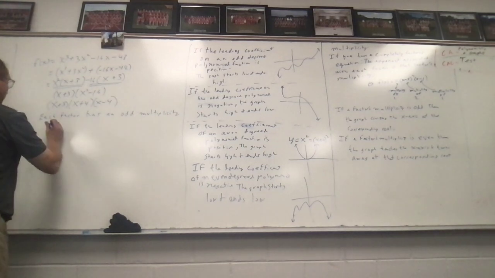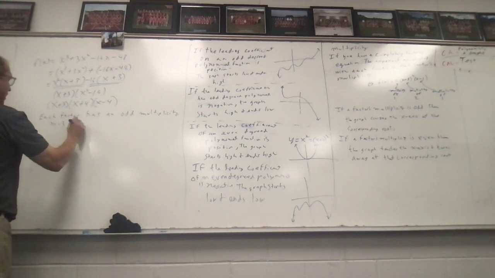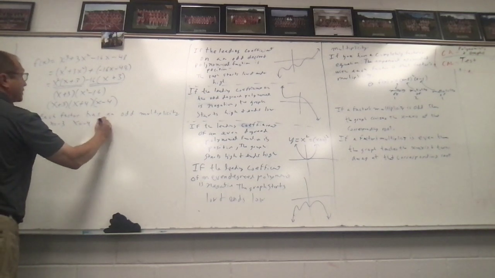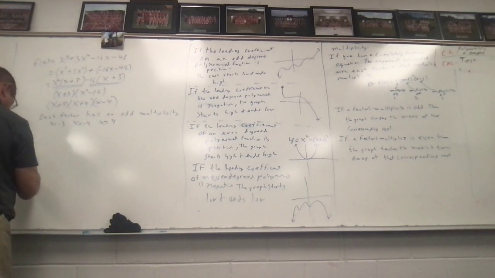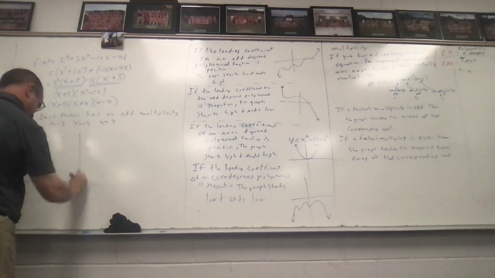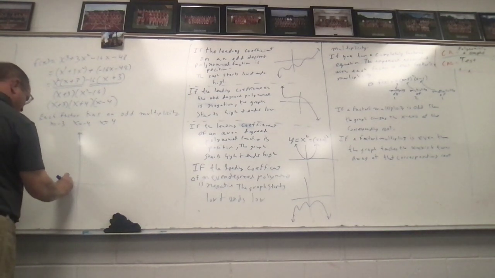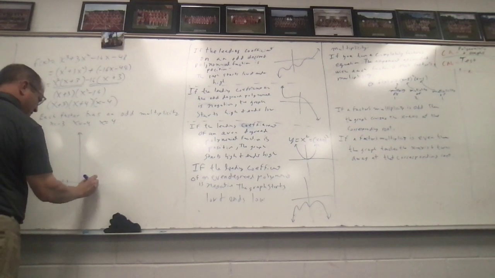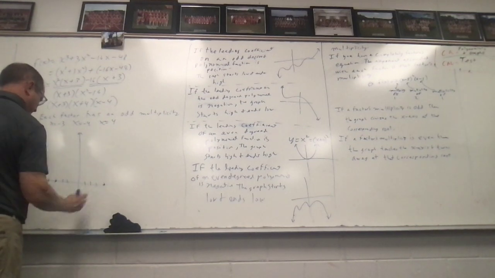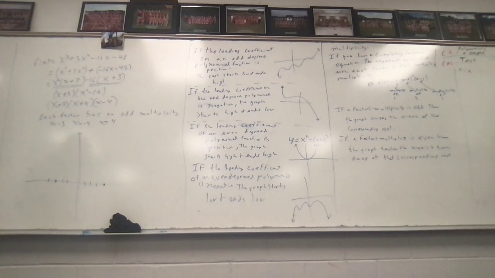My roots would be x equals negative 3, x equals negative 4, and x equals positive 4. So I'm here. All right, back 3, back 4, and then to the right 4. Okay. So I've got my points there.